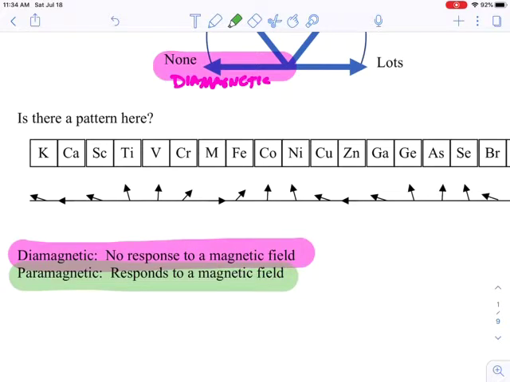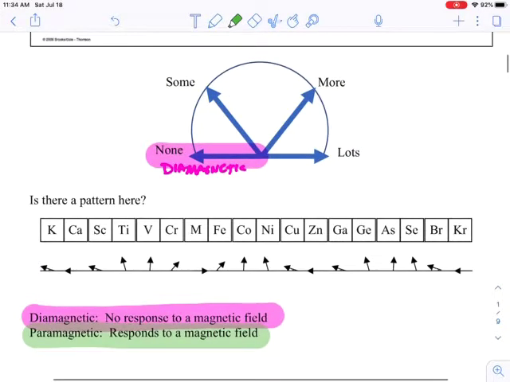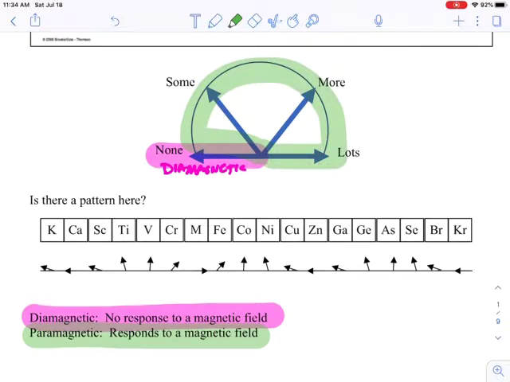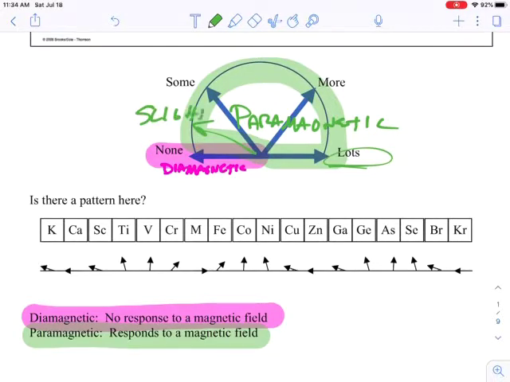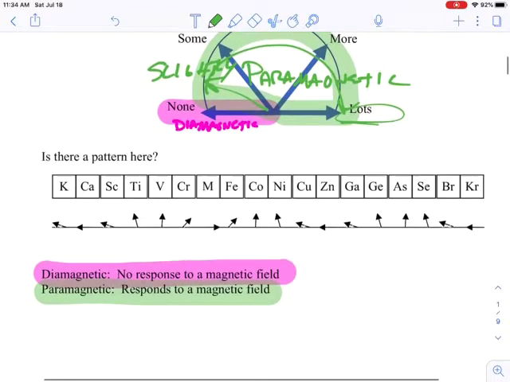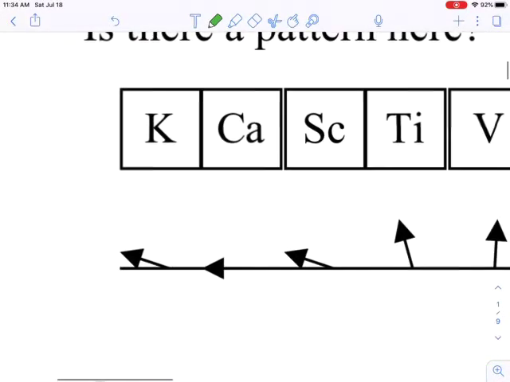If it is instead paramagnetic, that means there is a response to a magnetic field. So anything from here all the way over here would be paramagnetic, with obviously this being the most paramagnetic, and something like this being slightly paramagnetic. So you've got results from slightly all the way over here to lots and lots.